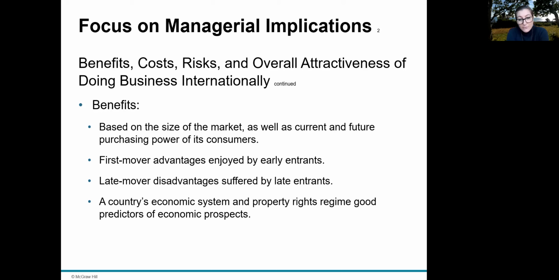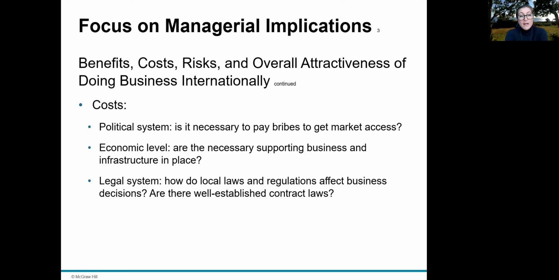But of course, there are higher risks and higher costs involved with being an early entrant. Maybe your organization is more conservative, and maybe you wait too long and you end up incurring late mover disadvantages. So we need to look at a country's economic system and their property rights system or enforcement, because these are good predictors of economic prospects.